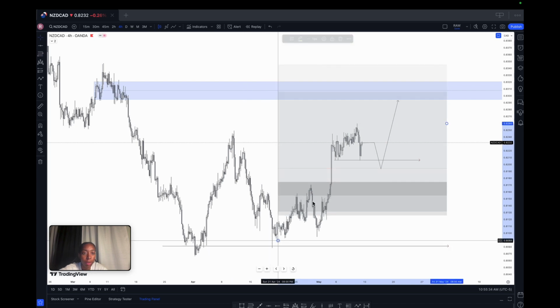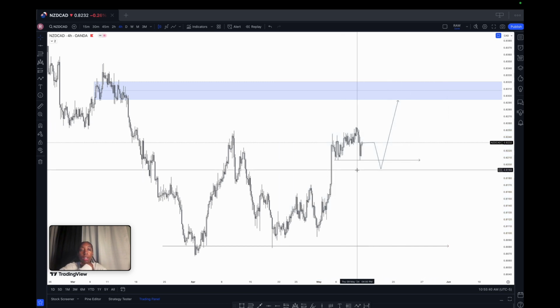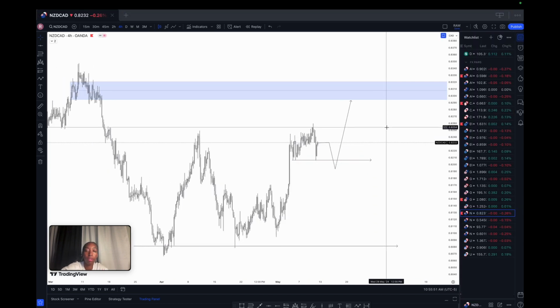I'm gonna do this one. Yeah, 38.2. So I would definitely be cautious around this area, but that can be a nice buy execution on up. So that is what we have for NZDCAD.